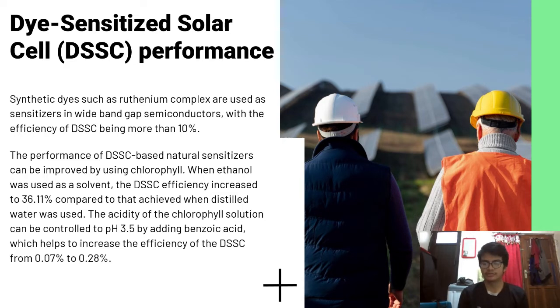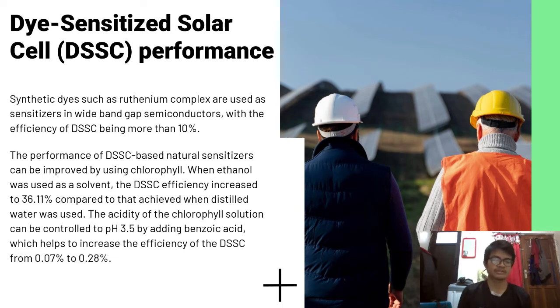When ethanol was used as a solvent, the DSSC efficiency increased to 36.11% compared to that achieved when distilled water was used. The acidity of the chlorophyll solution can be controlled to pH 3.5 by adding benzoic acid, which helps to increase the efficiency of the DSSC from 0.07% to 0.28%.